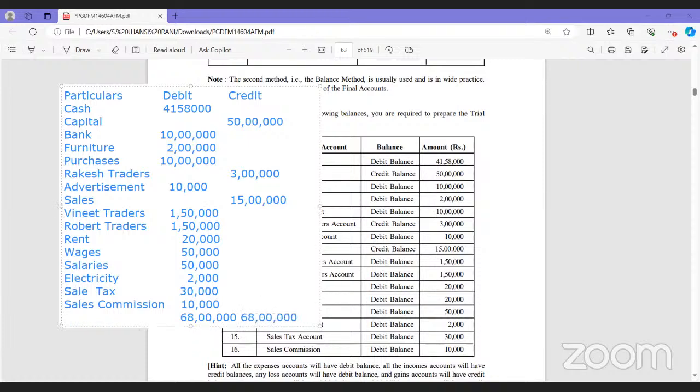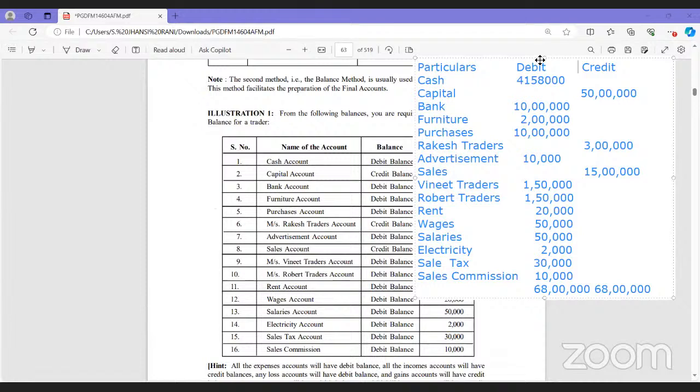So this is how we prepare the trial balance. We just try to find out whether all the balances are equal or not. If there is any difference, we'll transfer it to the suspense account. This is how we prepare the trial balance.